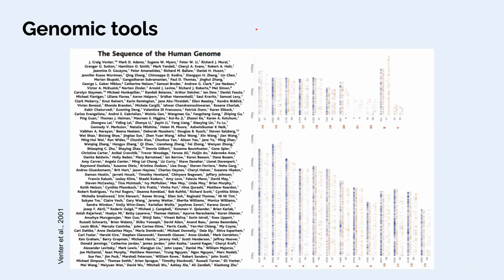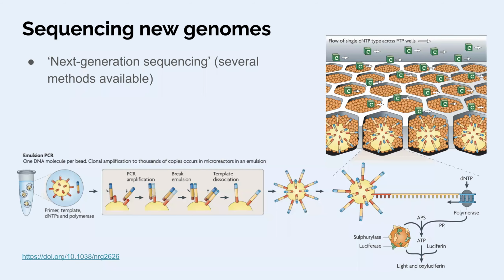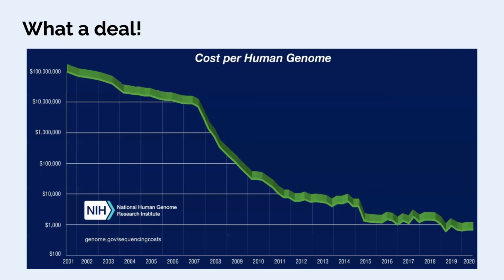So humans obviously got a lot of attention, and that was the early stages. And maybe I'll jump ahead here. So around 2001, the sequence of the human genome estimated about $100 million of research money to put that together. And time and technology moved forward and things got cheaper, faster, easier.